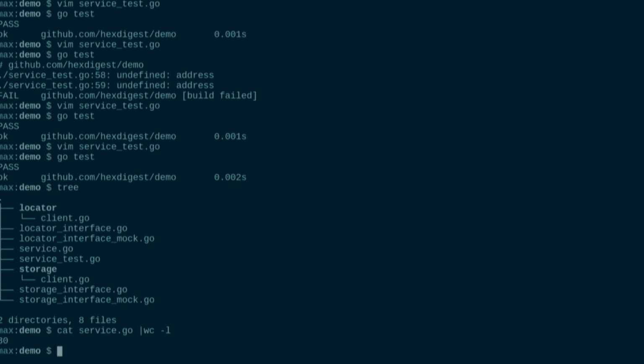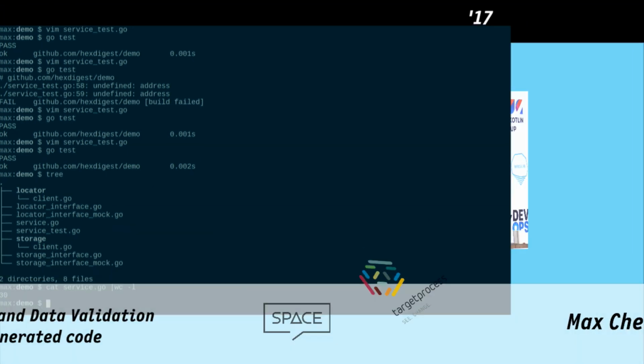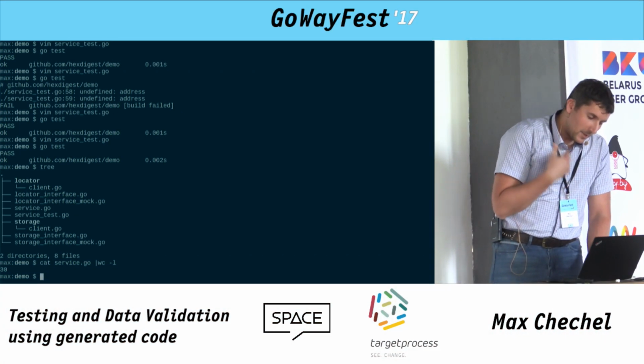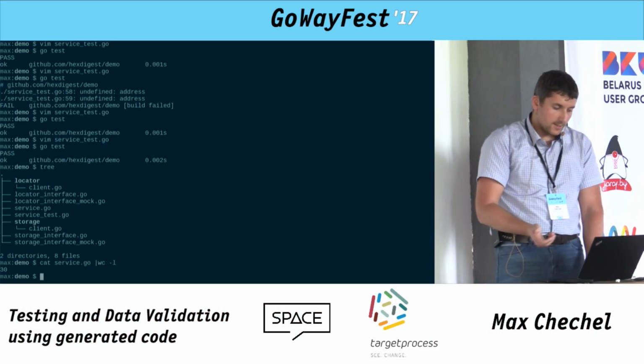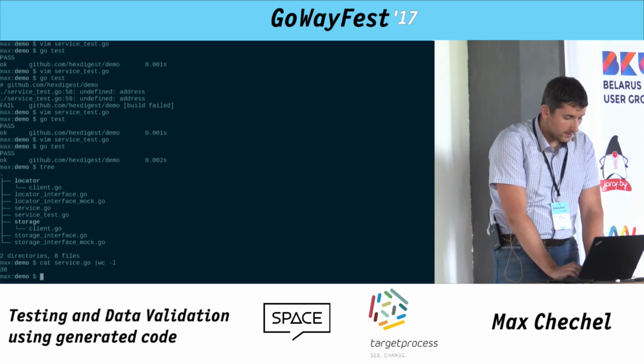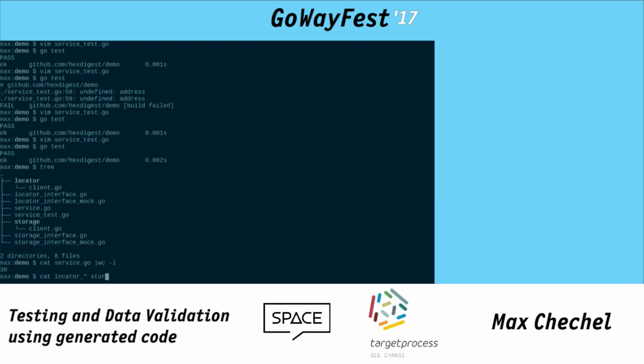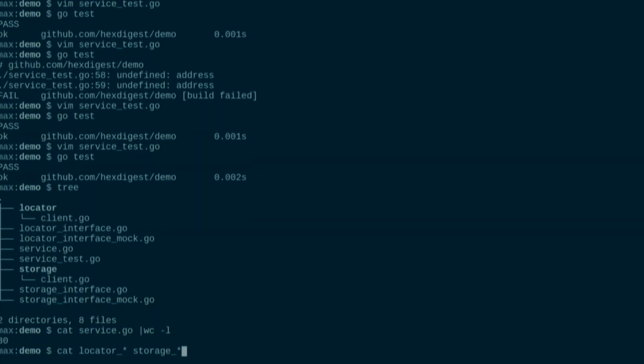And let's count how much we generated to be able to test this method. So let's cat for locator, storage, and that's basically it.